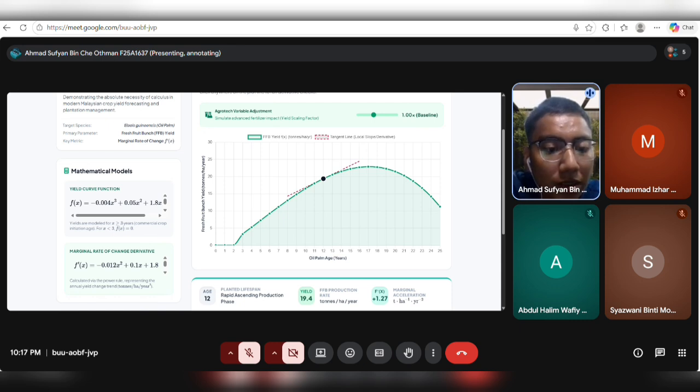The study provides a precise, data-driven approach to tracking biological decline. Instead of relying on guesswork, plantation managers can use these mathematical metrics to pin down the exact inflection point where tree aging and canopy saturation cause yields to plummet and harvesting heights to become hazardous.